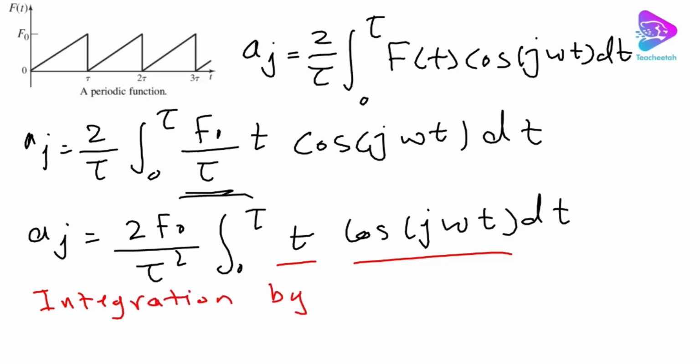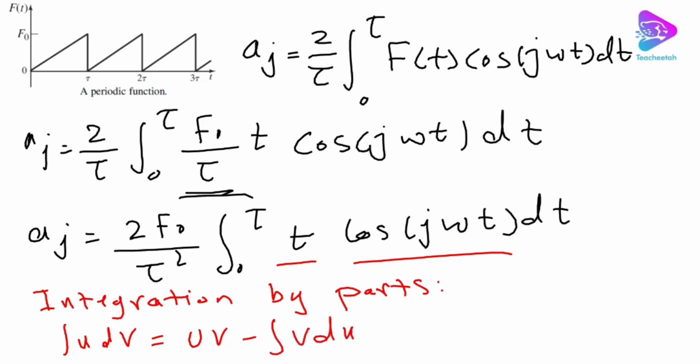Just a review on that: if you remember, the integral of u dv is equal to u v minus the integral of v du. So we need to properly have u and dv in our problem, and then we can use this formula, right?